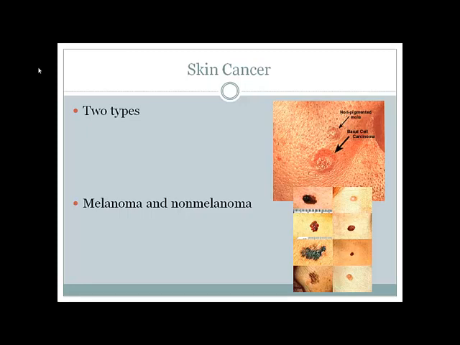down into two categories, melanoma and non-melanoma. Melanoma skin cancers, which we can see images of in the bottom right-hand side, result when the melanocytes, the cells that produce pigment in our skin, become mutated for whatever reason, some external factor affecting the DNA.